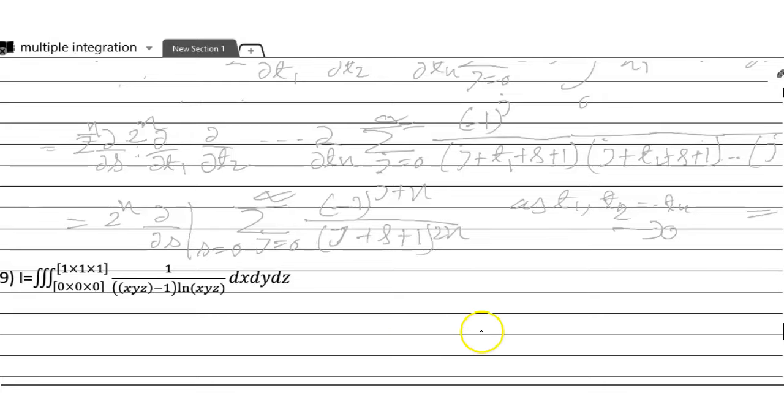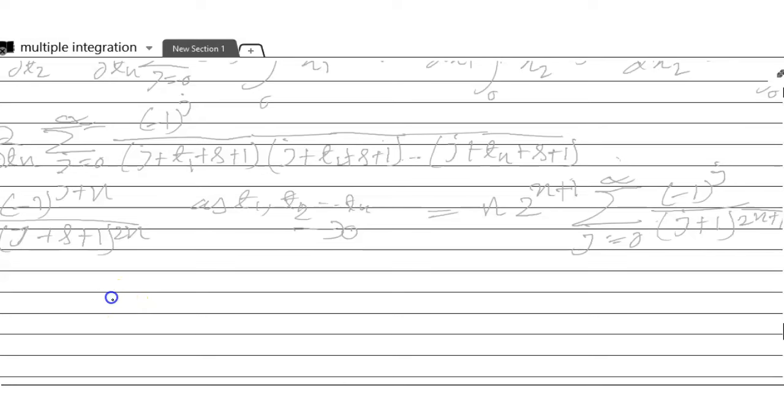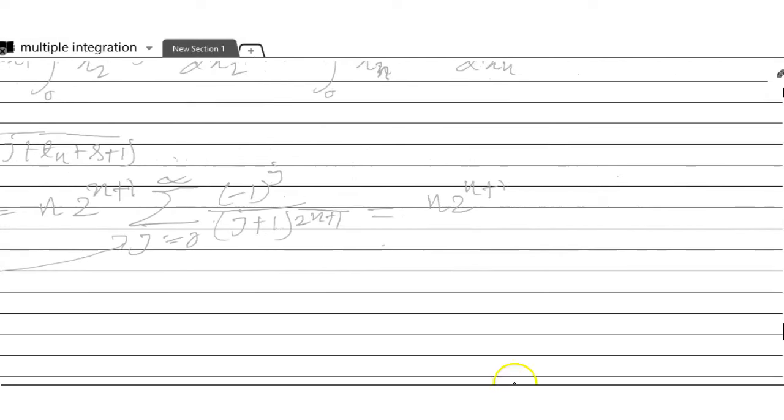After derivative I get this portion, and it can be written this way: minus 1 to the power n plus 1 eta 2n plus 1.